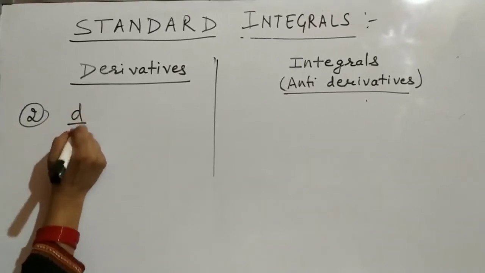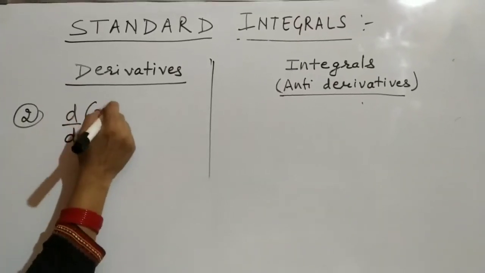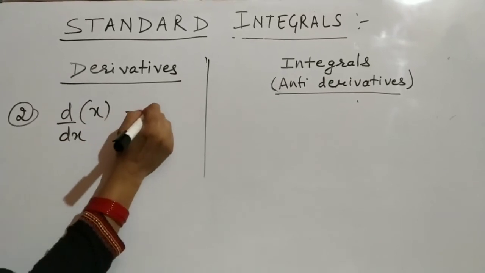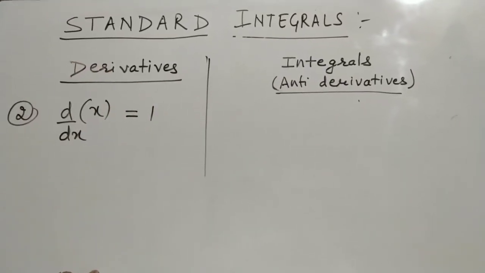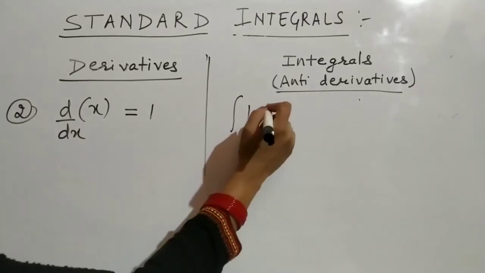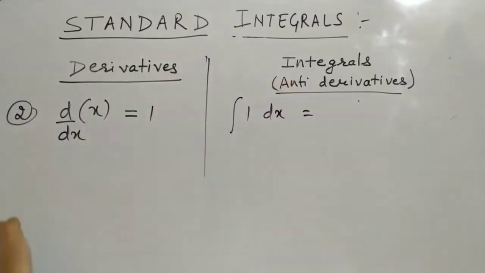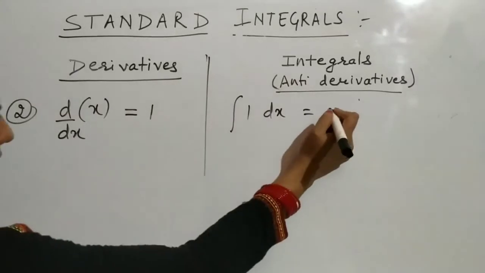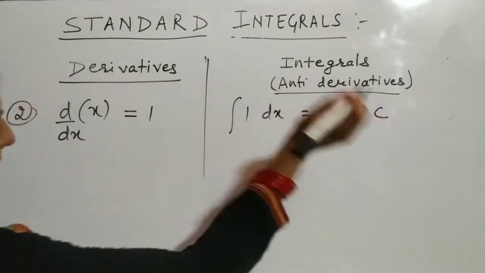Now we know that derivative of x with respect to x is equal to 1. That implies integration of 1 with respect to x is equal to x plus c.